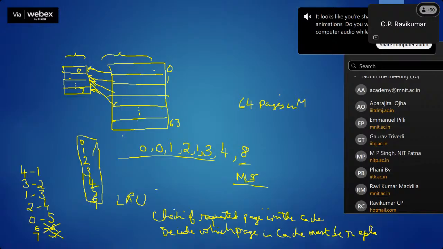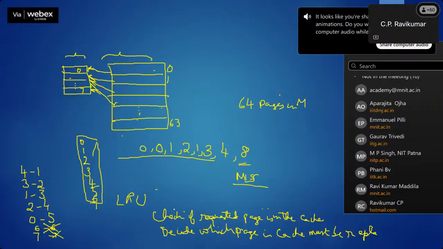Okay, so try to see how far you can get. The idea is for you to think and come up with some sort of a design. And then you can see that verifying this is not going to be so easy, meaning whether really LRU is being followed or not.